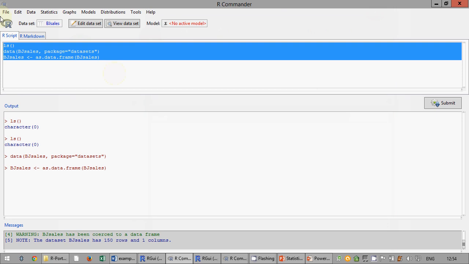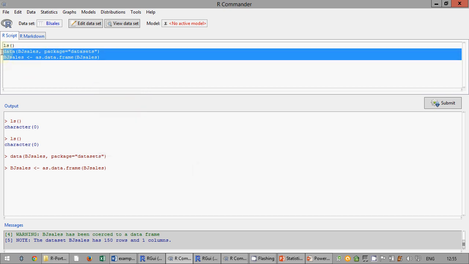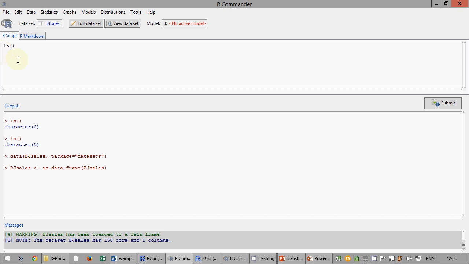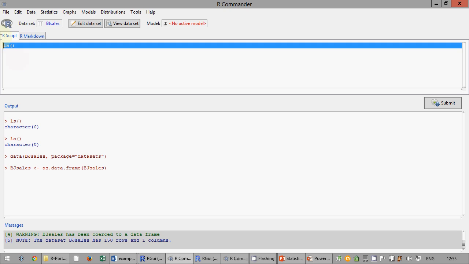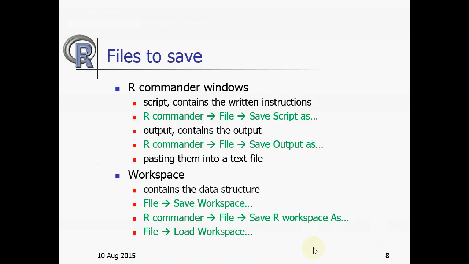You can simply select, copy, and paste somewhere else. I see that in the meantime R has decided to do other things. The workspace contains the data structure. I have taught you how to save.